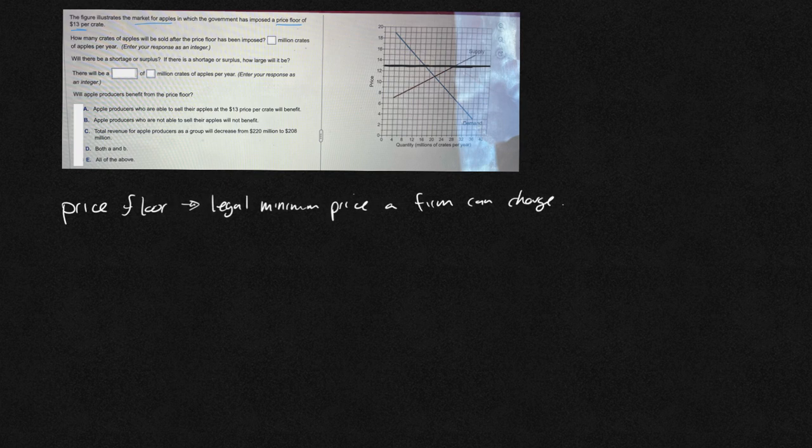The way I like to tell students to think about this is you can't fall through a floor. So you can't fall through a floor, so it's going to go down. The market is going to want to put downward pressure. So if I look at our supply and demand market over here, it's going to want to put downward pressure, but it can't get to where the market equilibrium is. So it can't get there.